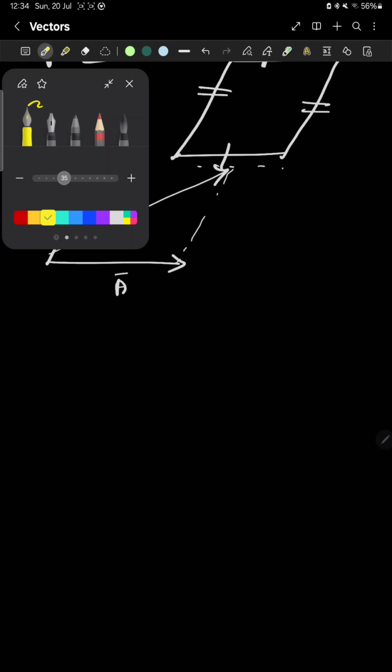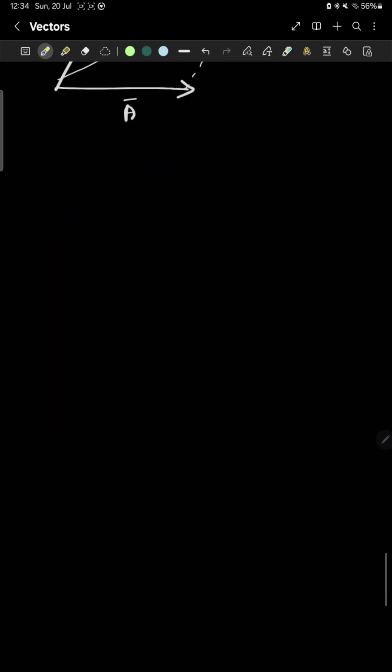For the derivation, let us consider two vectors, one the a vector and the other the b vector.